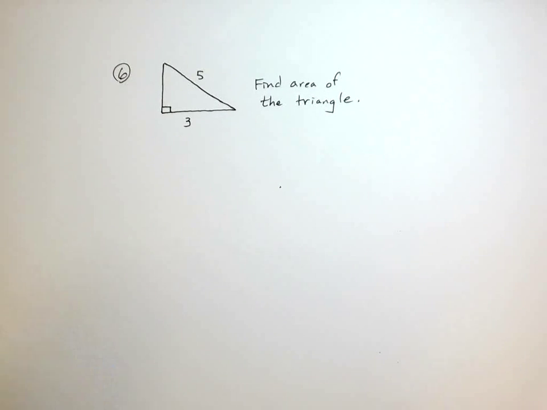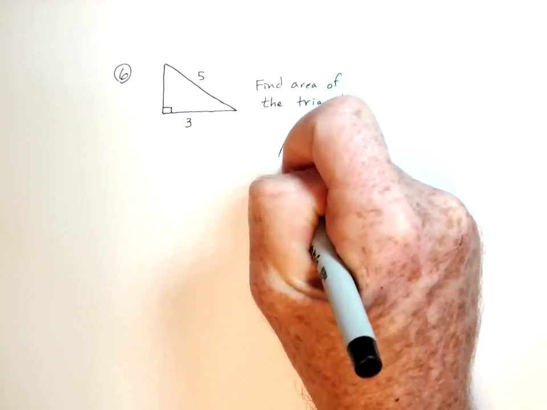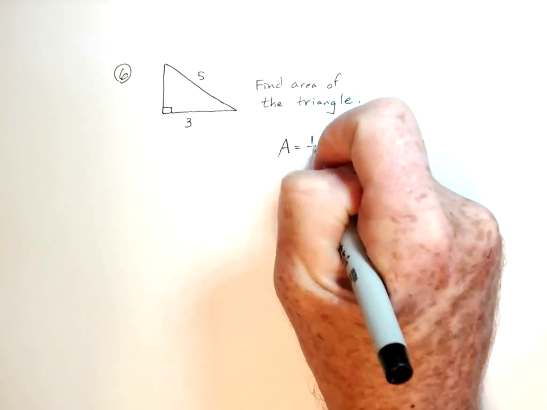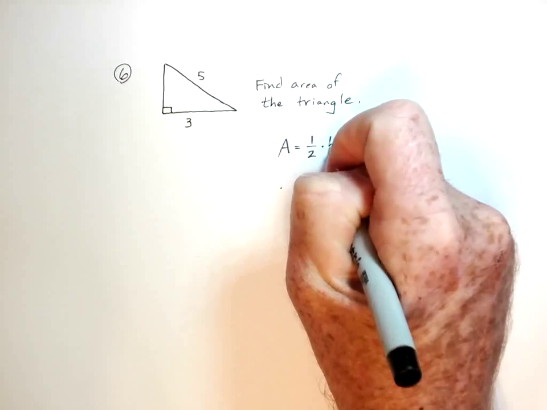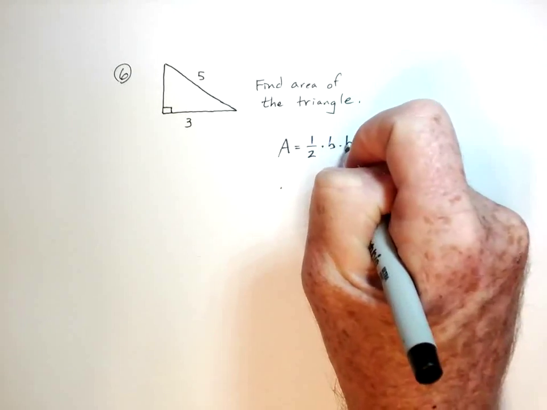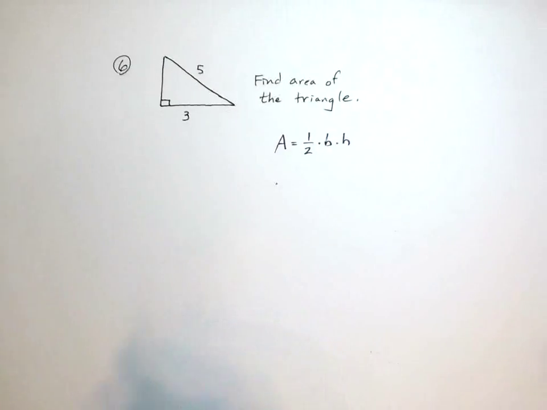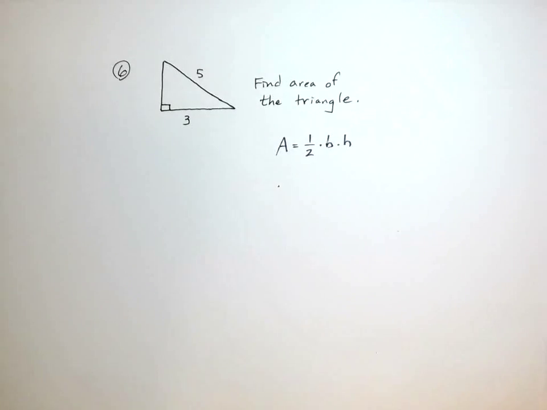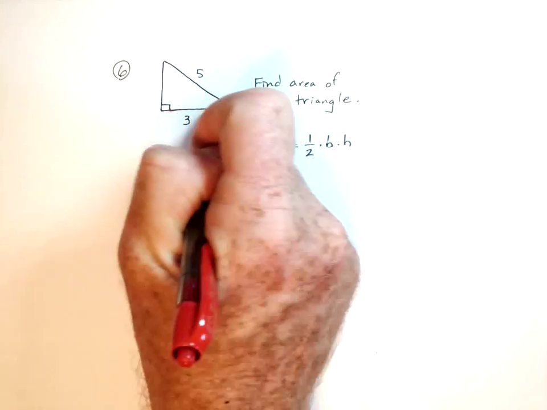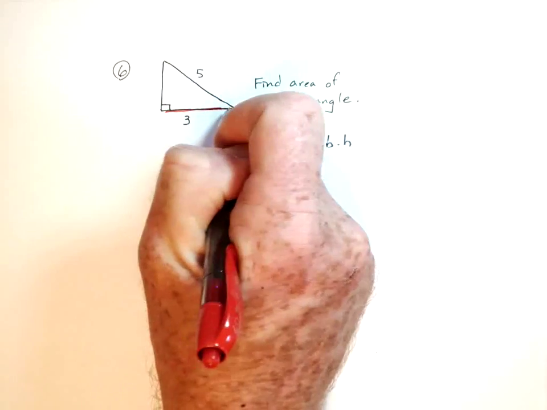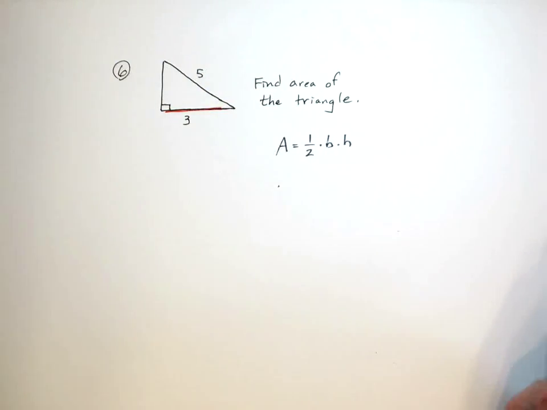Then finding the area of a triangle. Well, the formula for area of a triangle is that it's 1/2 times the base times the height. So the base, that would be along the bottom. That's this side right here. So that's 3.